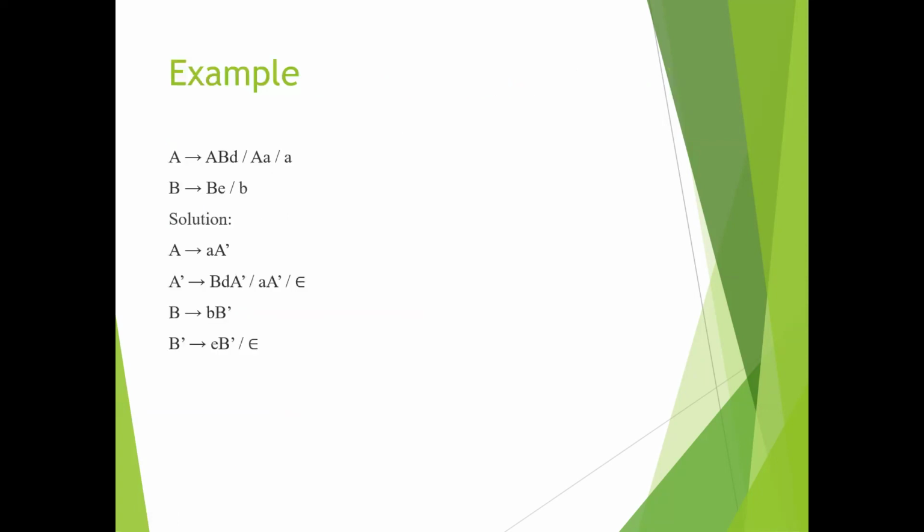Now, based on the same concept, we will see another example. The example is A which produces ABD or AA or A, and B which produces BE or B. If you look at this grammar, it contains left recursion.